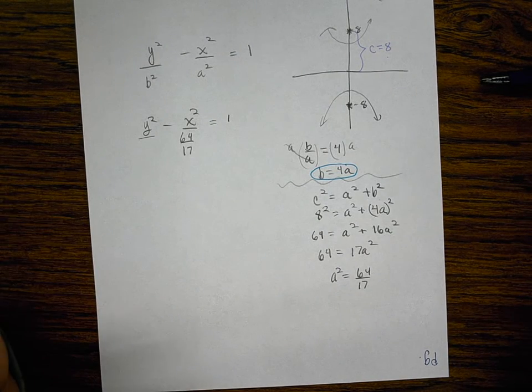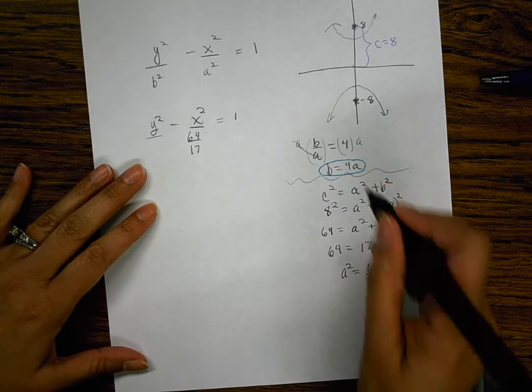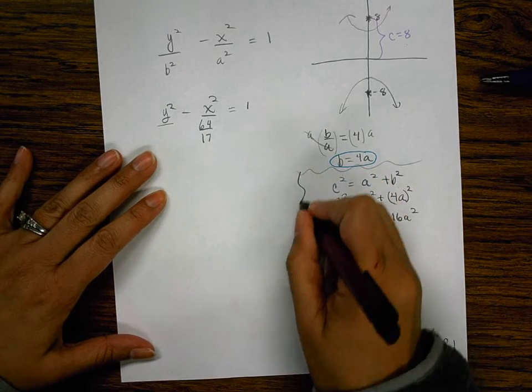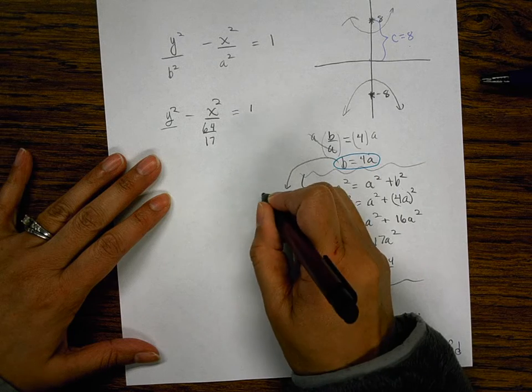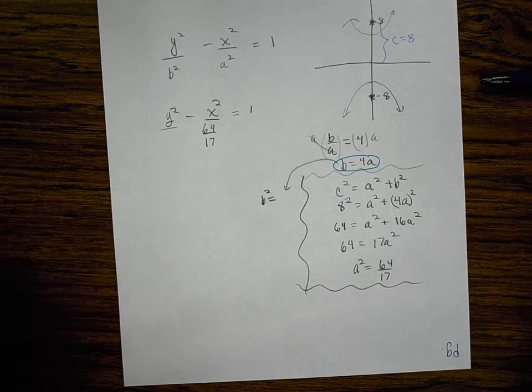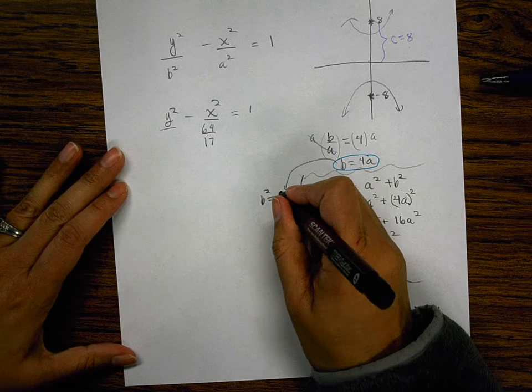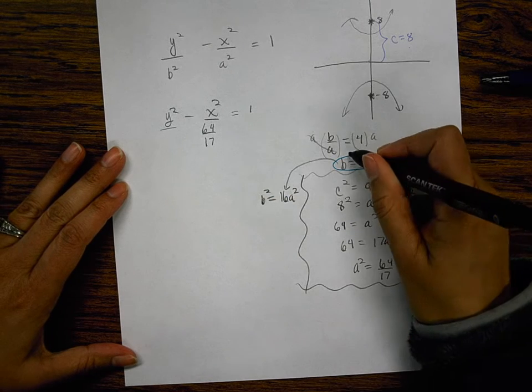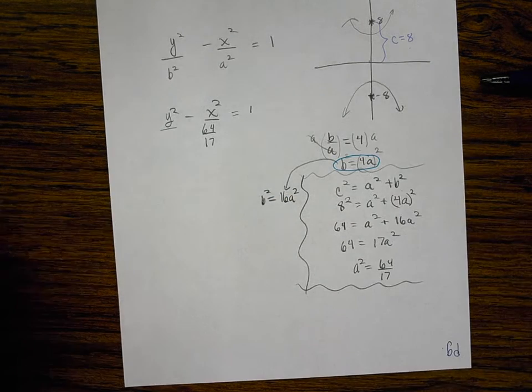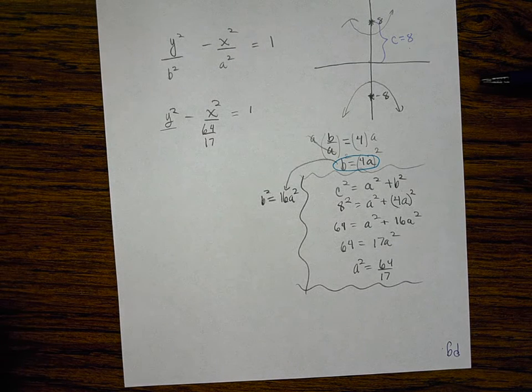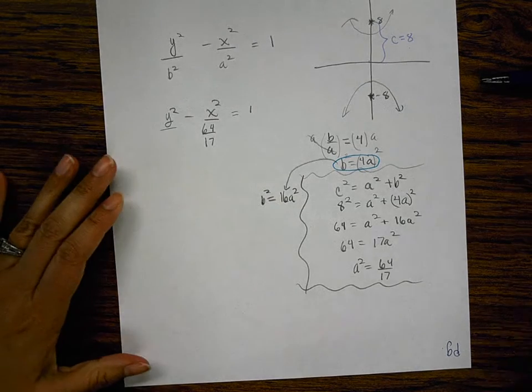I'm going to square both sides because I'm looking for b squared. If b equals 4a, then b squared equals 16a squared.